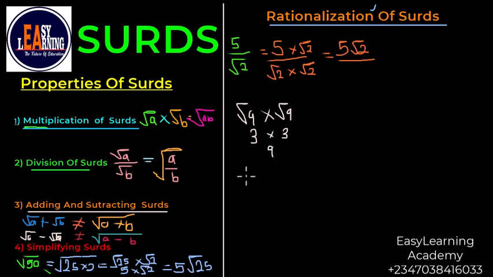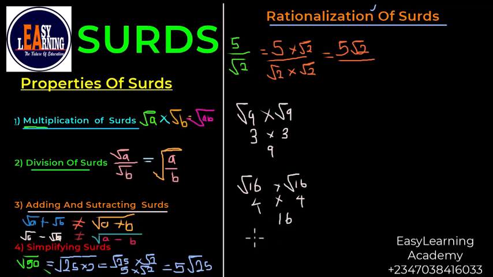So square root of, let's have 16, times the square root of 16. So we know that square root of 16 is 4, and times another 4, and that gives us 16.